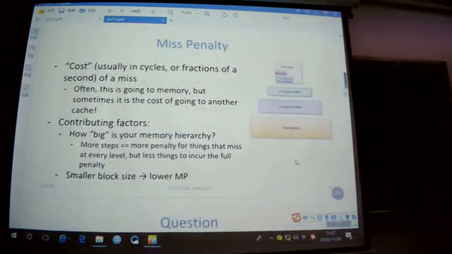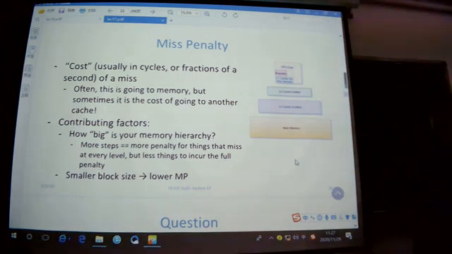Okay, miss penalty. Miss penalty is a cost. In Chinese, we call it 代价. Cost is like money. We can find it is usually measured in cycles or US dollars.